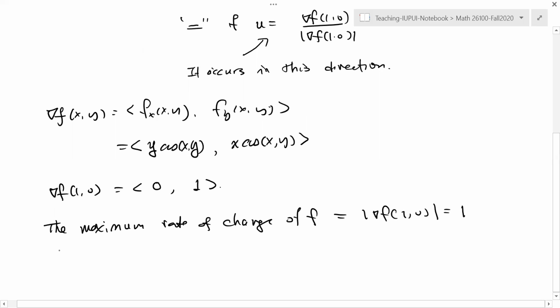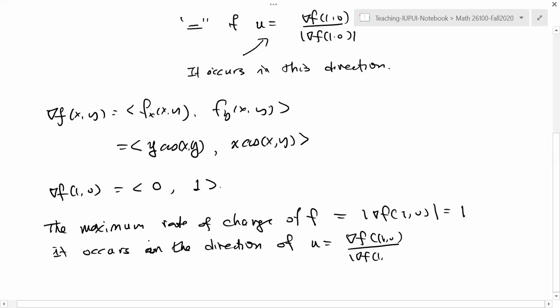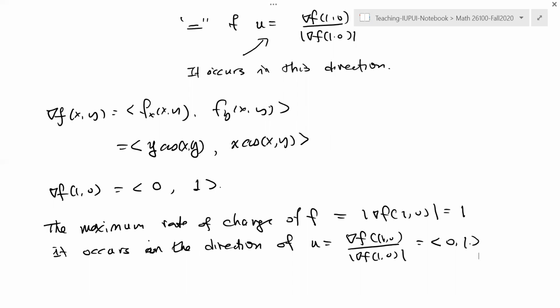And it occurs in the direction of u, which is the gradient of f normalized. But the gradient is already a unit vector. So this is a complete answer.